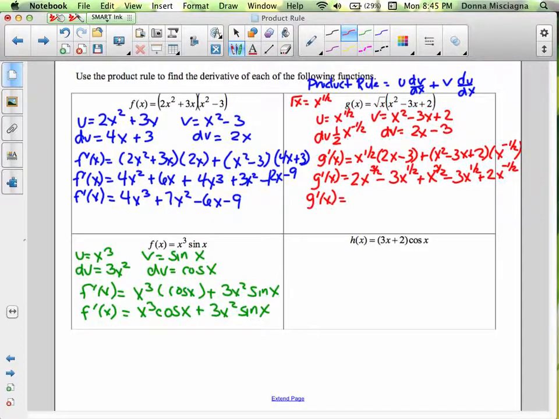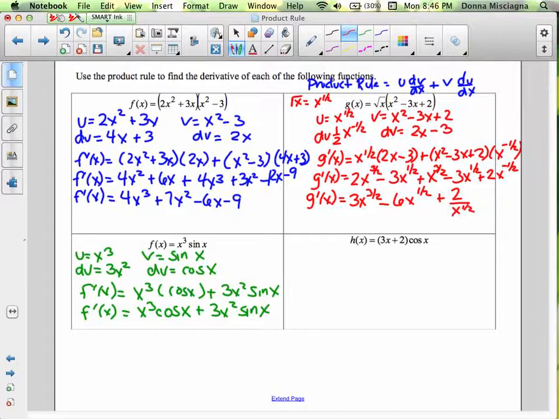g prime of x is equal to 3x to the 3/2 minus 6x to the 1/2 plus 2, we may as well move the x to the denominator, x to the 1/2.